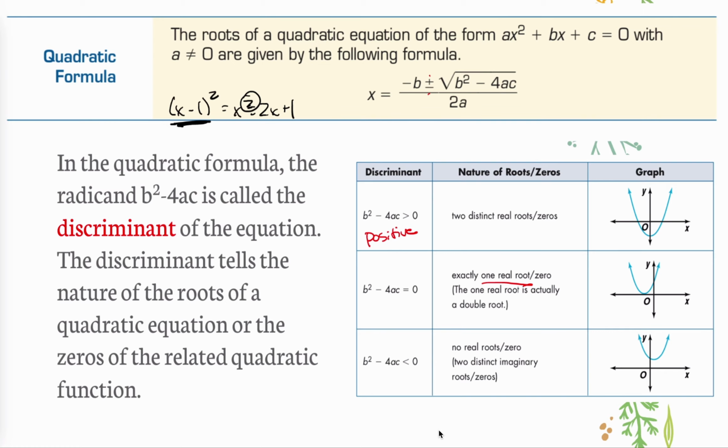It's going to have a root at 1 because that root is doubled. So that's the case. If your discriminant is 0, you have one real double root. And then if your discriminant is negative, right, if you have a negative number under the square root, you don't have any real roots. You get 2 imaginary roots instead.